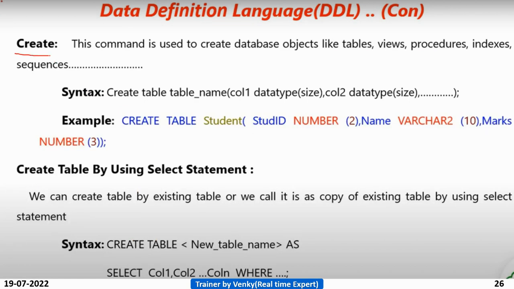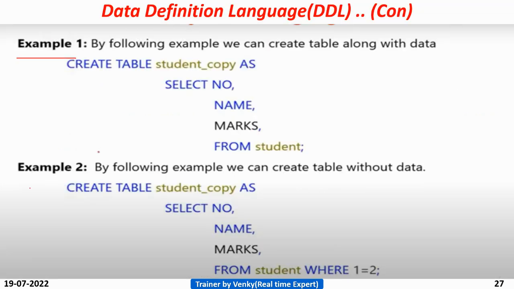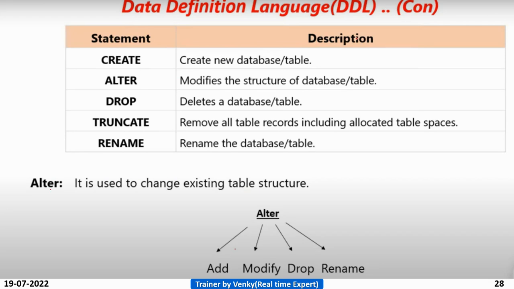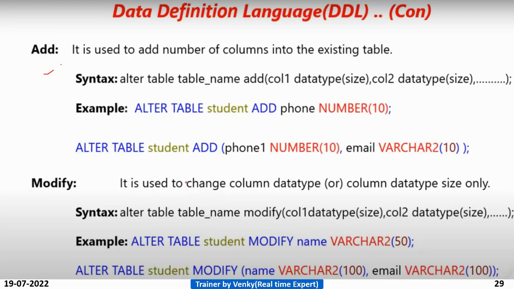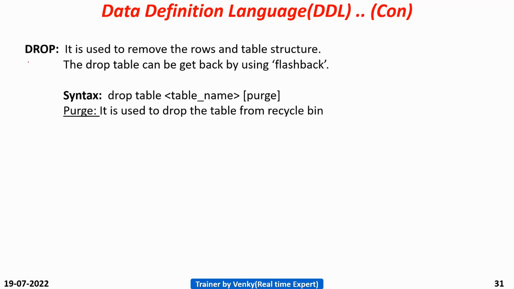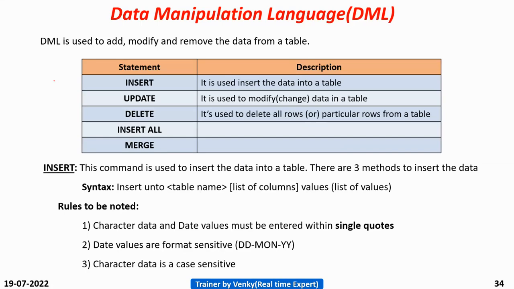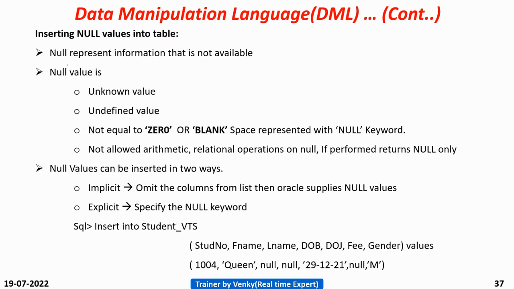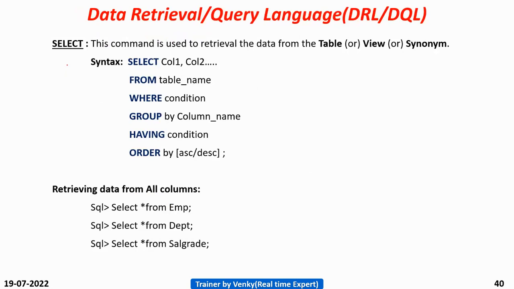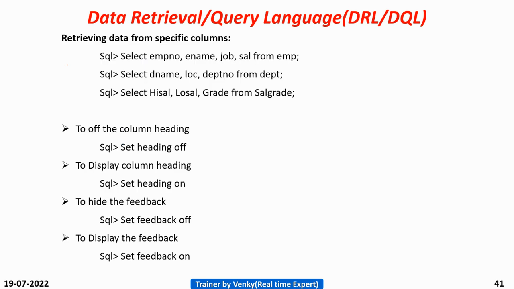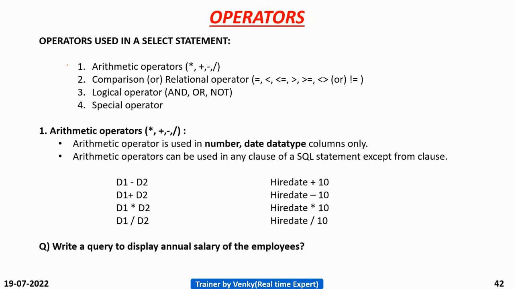Practically we will show tomorrow what create is, how many ways you can use create, what the examples are, then what alter is, what add is within alter, what drop is, like that. Next again DML, one concept again. Next again DRL, DQL, one command each. Next operators. This is what today's class is about, guys.